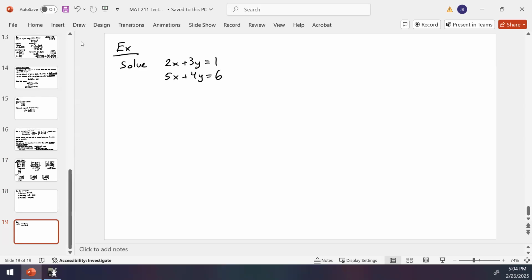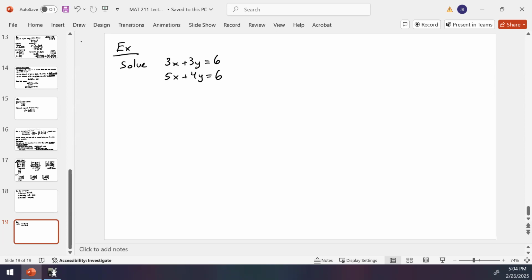Okay, so this is the equation that you want to solve. And just to make this one a little bit simpler, let's make this a 3, and let's make this a 6. That'll work.